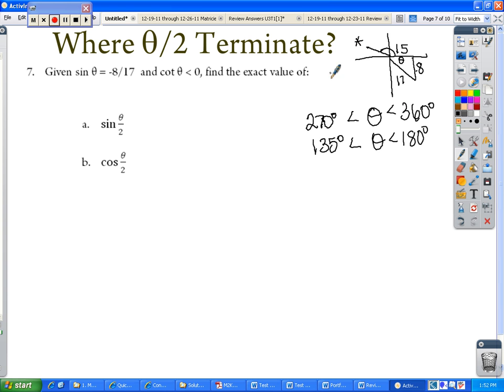Now in the second quadrant, we know that sine is positive and cosine is negative. So when I take the sine of my half angle, I know that it is going to be positive, and cosine is going to be negative.